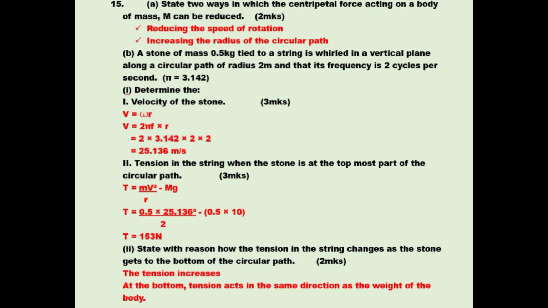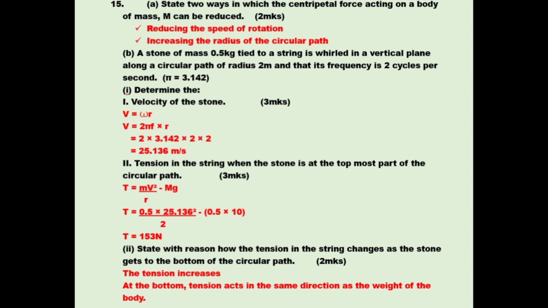That means that this is a motion in a vertical circle. You're given the mass of the stone and the radius of the circular path, and that its frequency is 2 cycles per second. And we are also given pi. Determine, Roman 1, the velocity of the stone. That is the linear velocity.